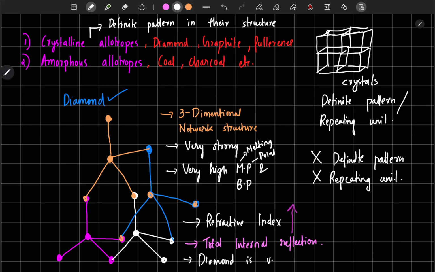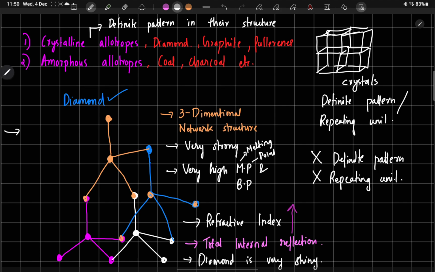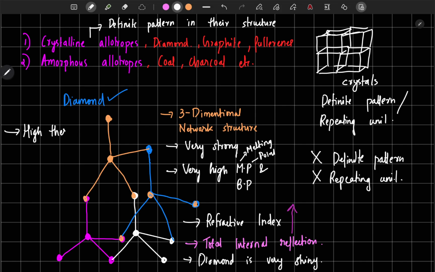So we can also write: diamond is very shiny. And diamond will not conduct electricity, but it has high thermal conductivity. Thermal means heat, so it will conduct heat but not electricity. All these points you have to keep in your mind about diamond.